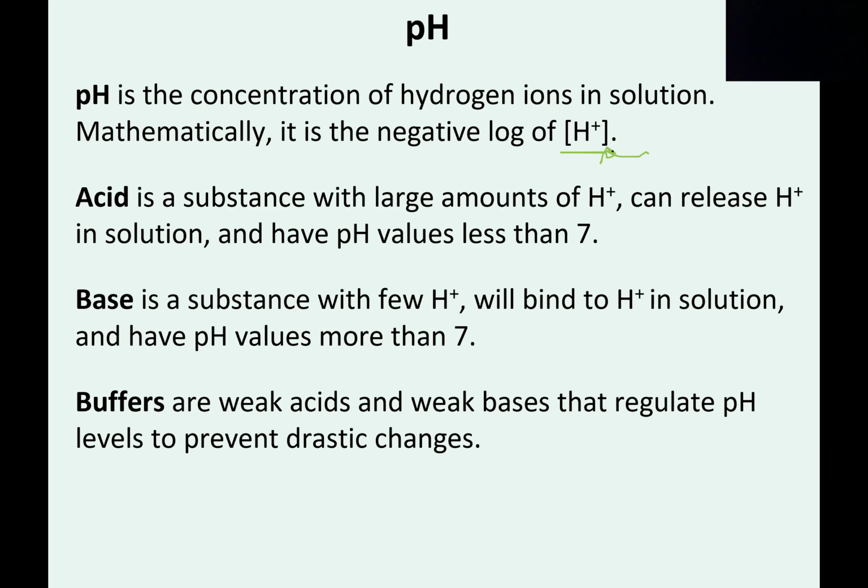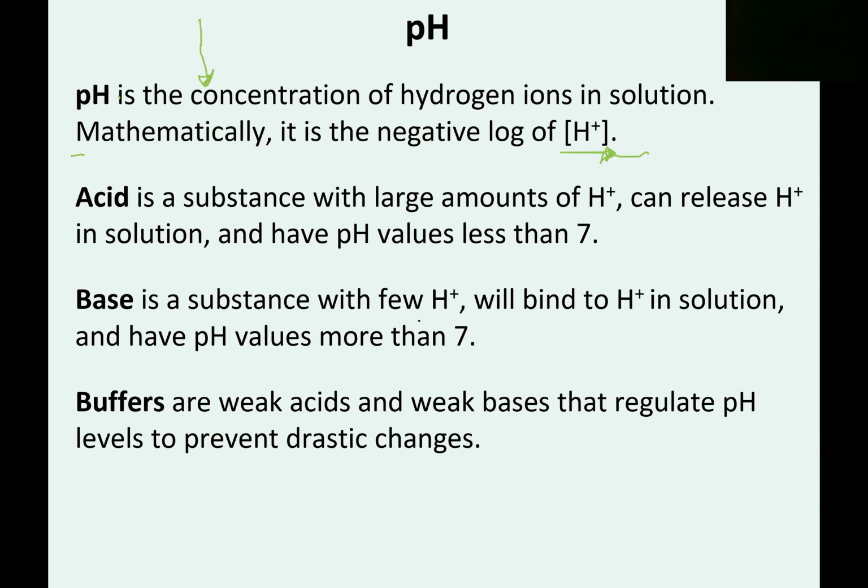These brackets in a mathematical equation refer to concentration. So it's a mathematically altered number. And we will discuss this in more depth when we get to chapter 24, where we talk about pH balance.